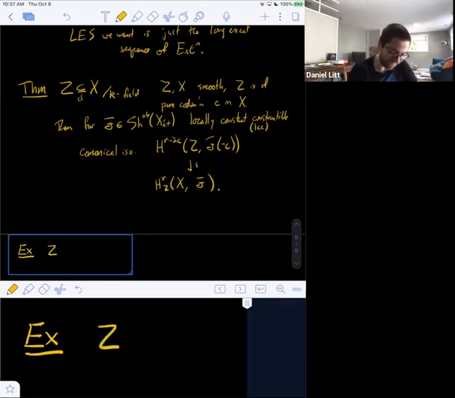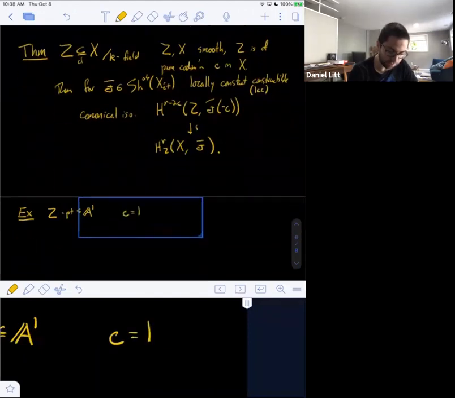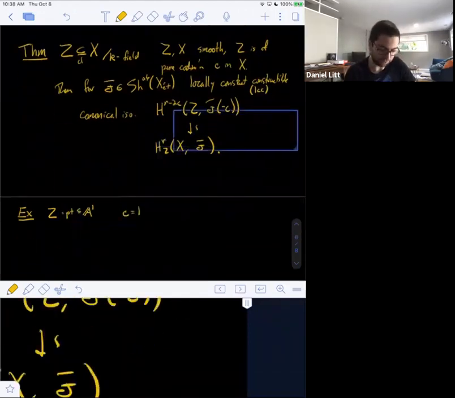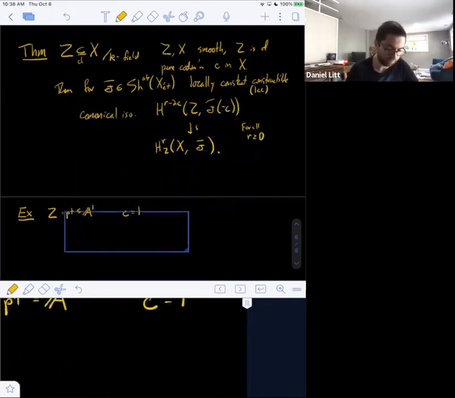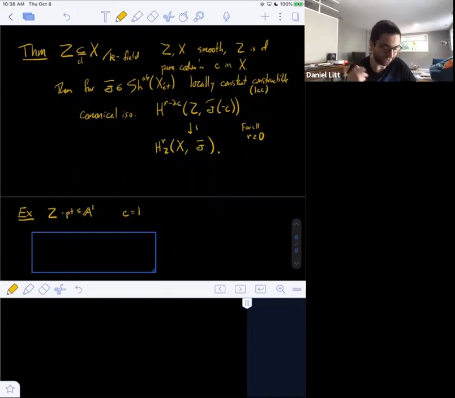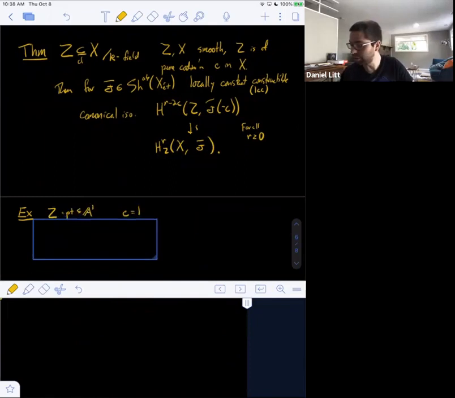So maybe let's try Z, just a point, inside of A1. So then c equals 1. Oh, by the way, this is for all r at least 0. Let's take a point inside of A1, so we have codimension 1.